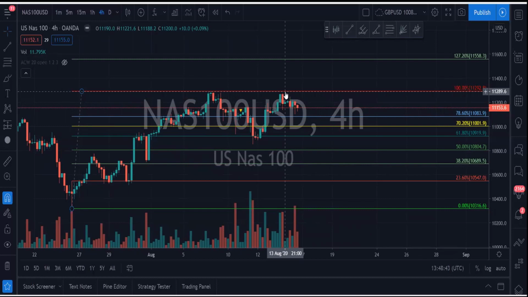And when price goes past this 100%, your Fibonacci gives you 127.2%. Now you can amend these variables on your settings of Fibonacci, but these are the common percentages that are used. So when price goes beyond 100%, that is regarded as the extension.